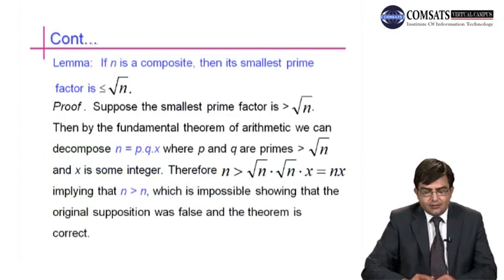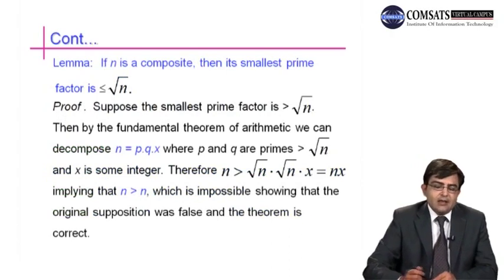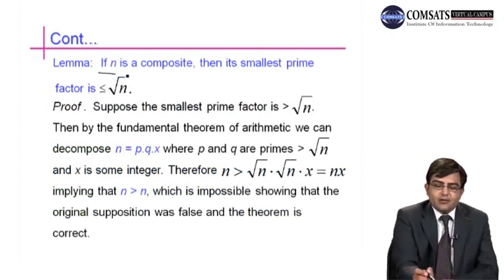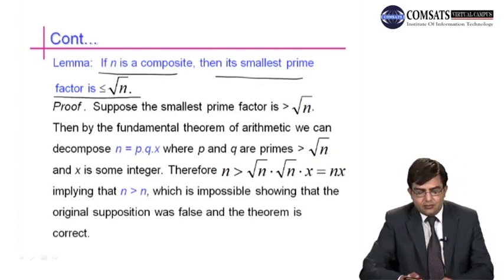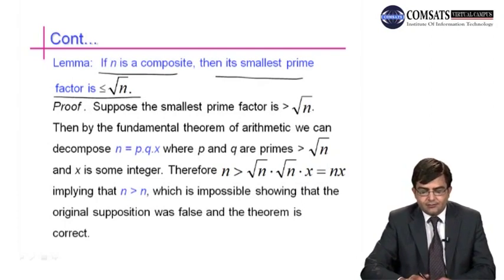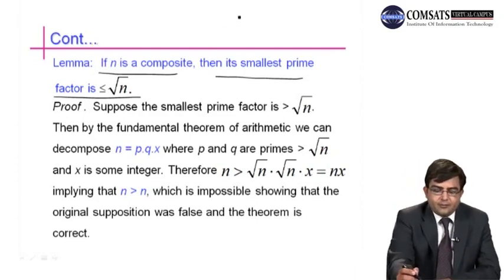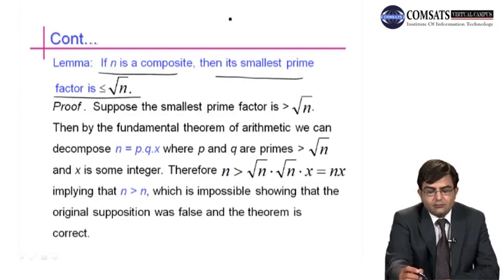Now another result which will be used frequently in the subsequent lectures. This result says: if n is composite, then its smallest prime factor is less than or equal to square root of n. What does it mean? For example, 9 can be written as 3 into 3.